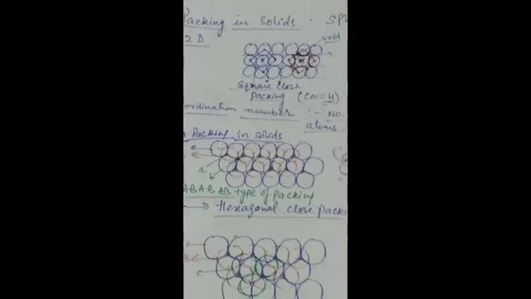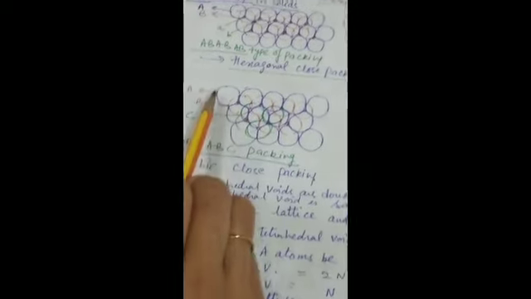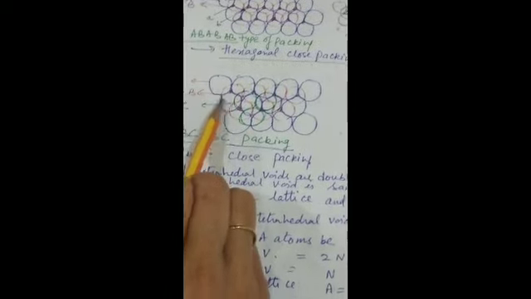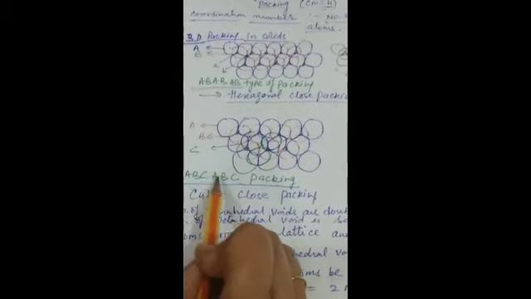We have the first layer, the second layer is covering A type of voids. The third layer is now covering B type of voids, small b type of voids which remain partially covered in the second layer. So we have this type of structure. A layer, red one is B layer, third one is known as C layer because this third layer is different from A and B. Now the fourth layer is again placed over the atoms of the A layer, means we are going to repeat the pattern ABC, ABC.